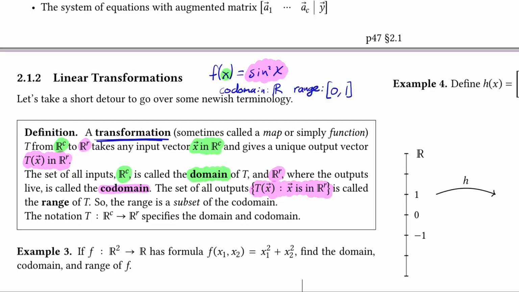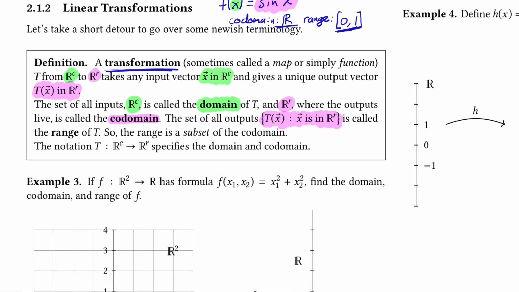You're only going to get numbers between 0 and 1. So yeah, that range is a subset of the codomain. And the notation, we're going to write T colon R^C to R^R, specifies the domain and the codomain. The domain is the R^C, and the R^R is the codomain.